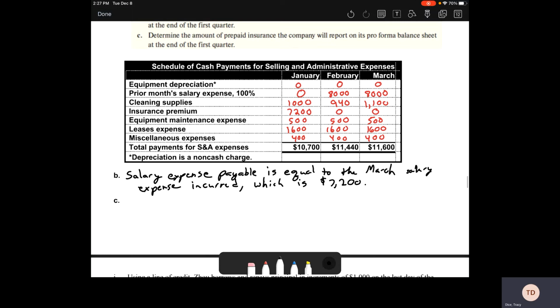So for part C, determine the amount of prepaid insurance the company will report on its pro forma balance sheet at the end of the first quarter. All right, so we've got to figure out, okay, how much did we prepay minus how much have we used? So since the premium is prepaid on January 1st, we prepaid that $7,200.